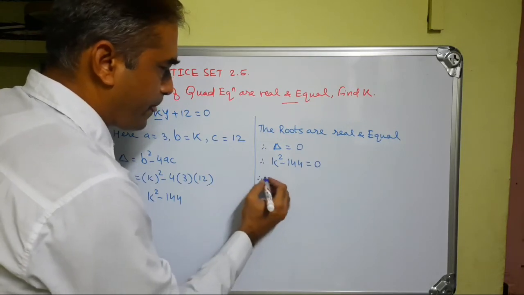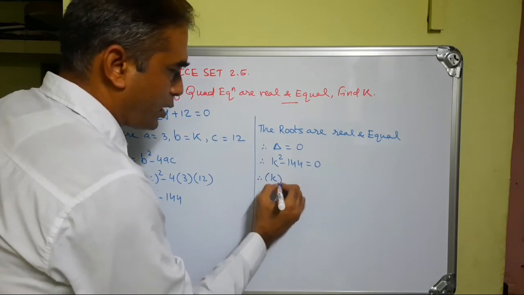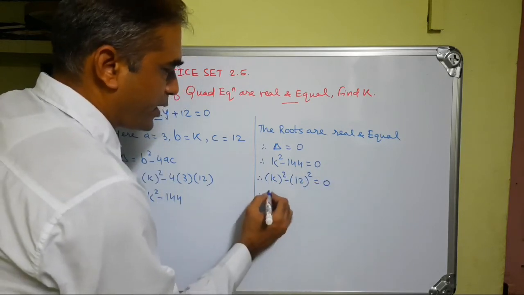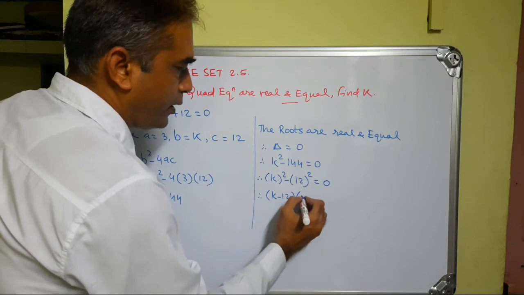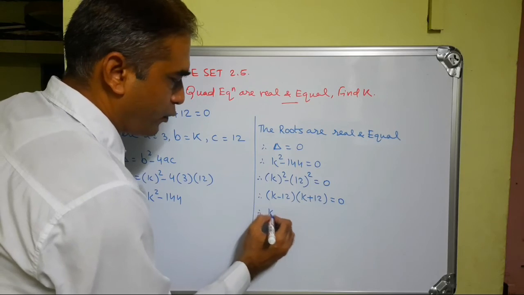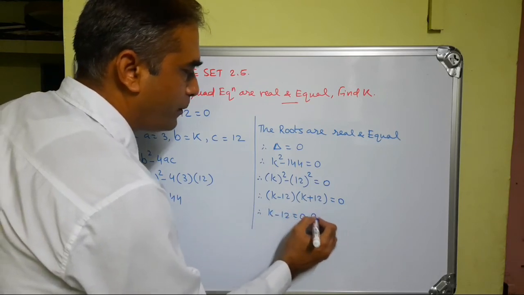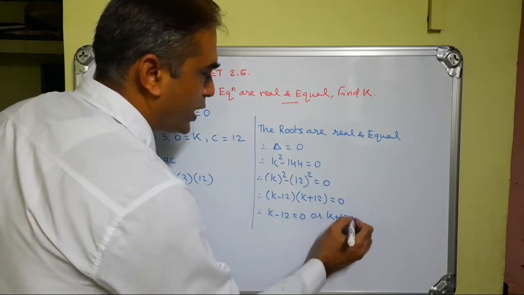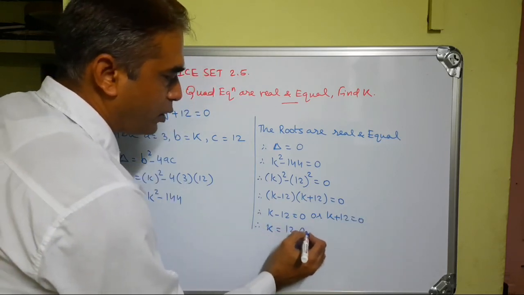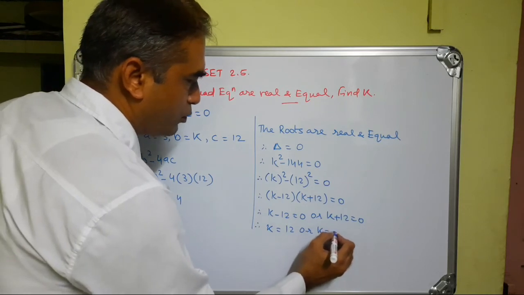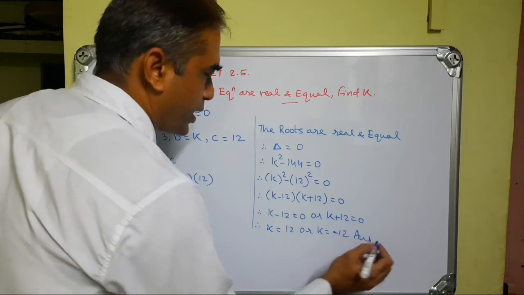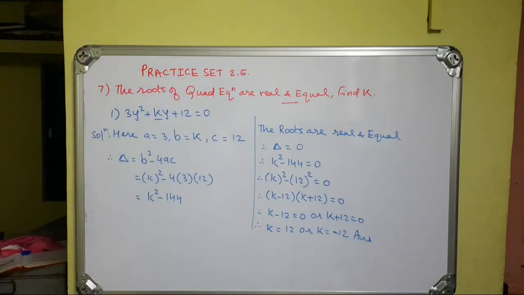Let's factorize it. Therefore k square minus 12 square equals to 0. Therefore k minus 12 in one bracket, k plus 12 in the other bracket, equals to 0. Therefore k minus 12 equals to 0 or k plus 12 equals to 0. Therefore k equals to 12 or k equals to minus 12. So this is the value of k. K is 12 or negative 12.